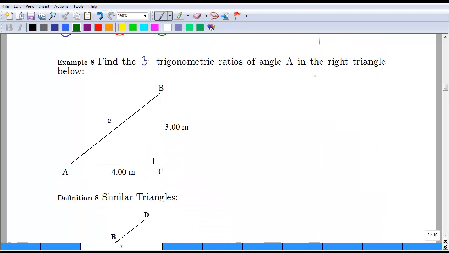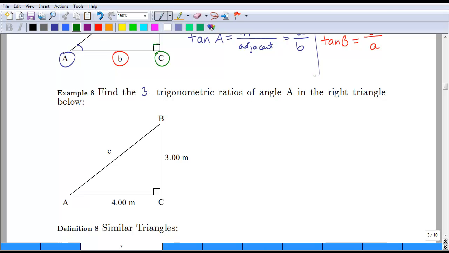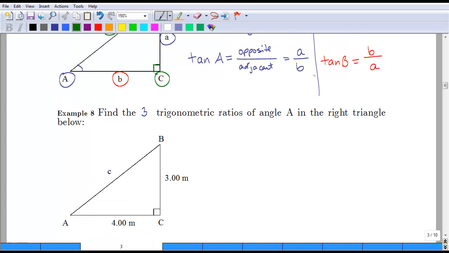So if we want to find these three trig ratios for the given triangle, first thing we need to do is find the hypotenuse. We are given the two sides, we need to find the hypotenuse. If you paid attention to the last video, I pointed out that there were certain Pythagorean triples that worked well within this, so you could guess that c is 5.